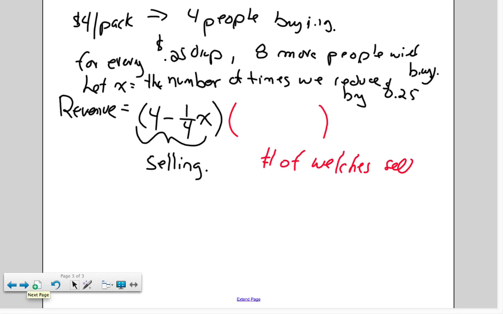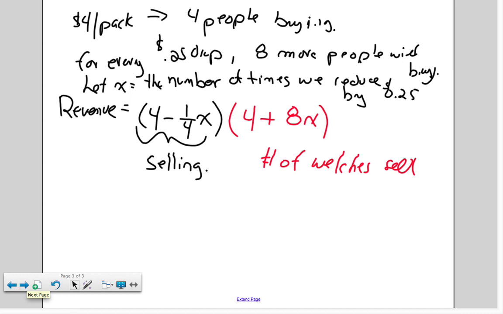Well, if I don't drop the price at all, how many am I selling? 4. If I don't drop the price at all, I still sell 4. But for every time I drop the price, how much more am I selling? 8. So for every drop I do, I'm selling 8 more.